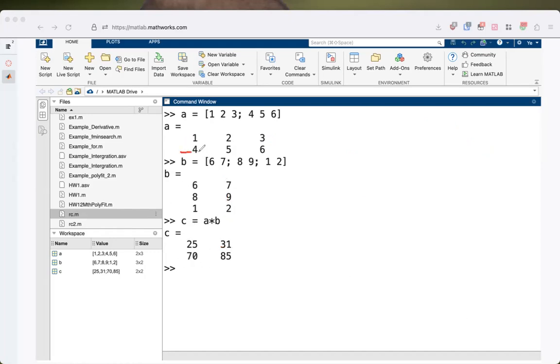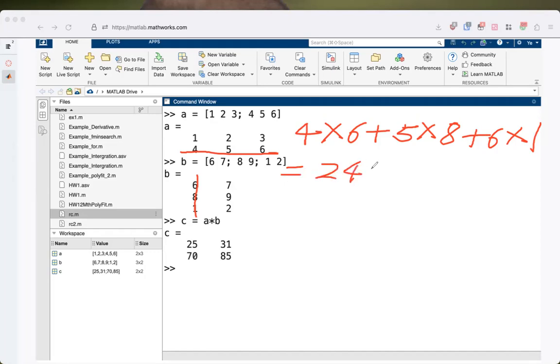C21 is row 2, column 1: 4 times 6 plus 5 times 8 plus 6 times 1, which equals 24 plus 40 plus 6. So 64 plus 6 is 70.